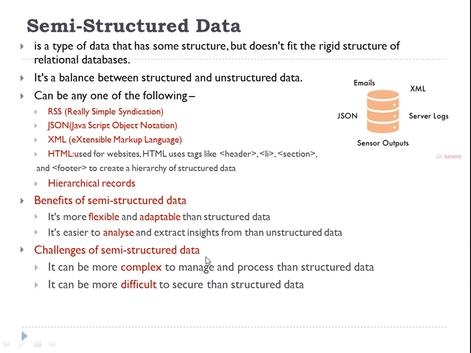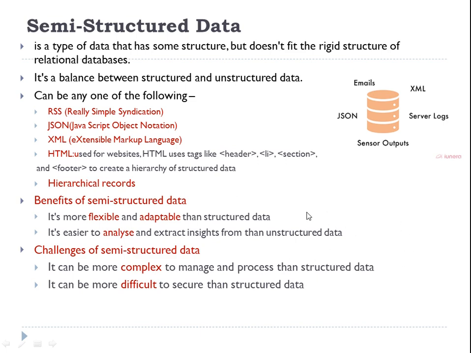Now the benefits are that they have a lot of advantages: very flexible and quite adaptable as compared to structured data. We can easily work on these kinds of data in machine learning. They're easy to analyze as well, and you can extract insights from semi-structured data as compared to unstructured data.